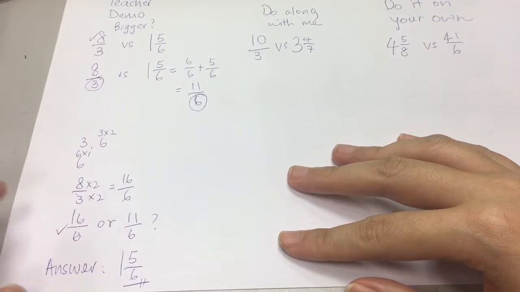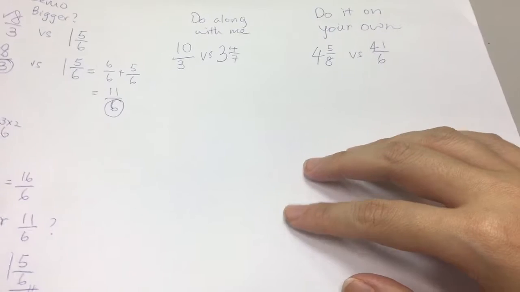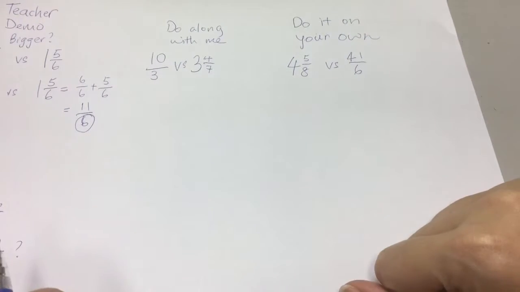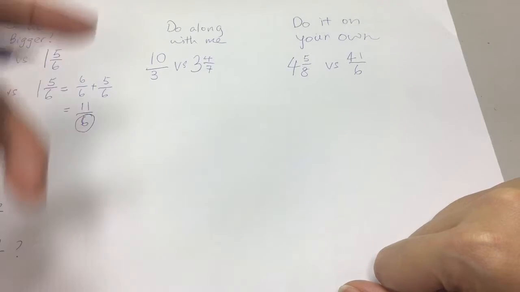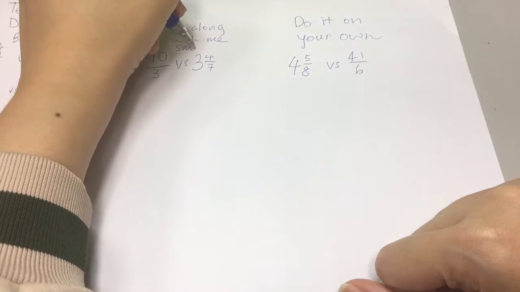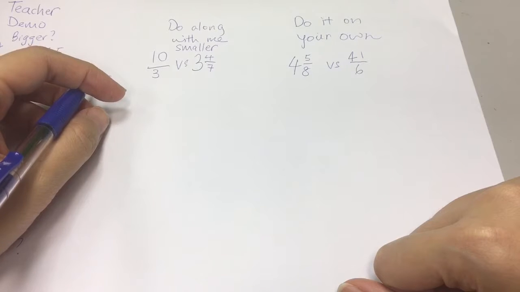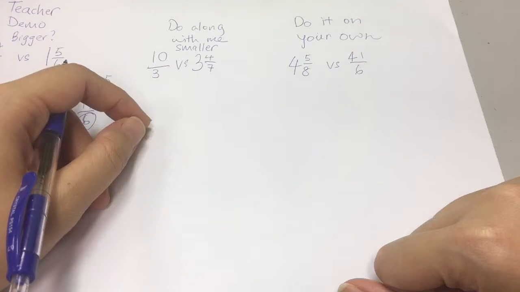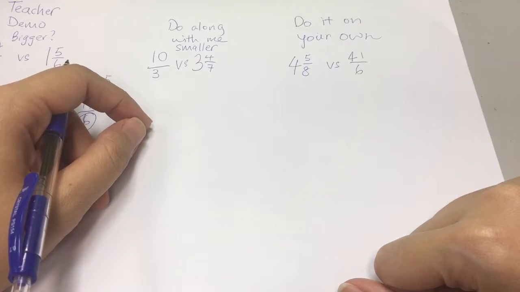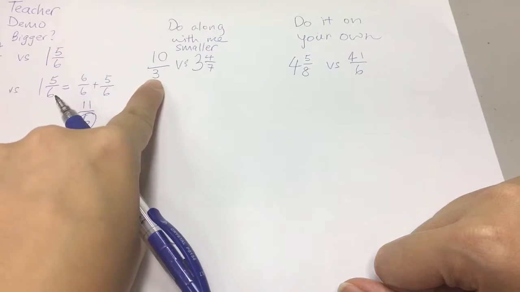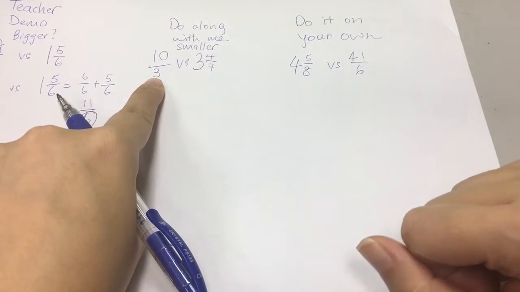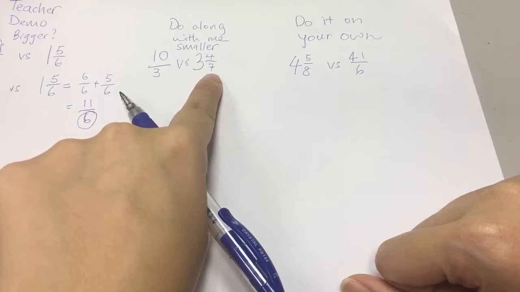Now, for the next question, do it along with me. I have 10/3 and 3 and 4 out of 7. I want to find the smaller number. How do I find the smaller number? Again, I can either convert this to a mixed number or I can convert this to an improper fraction.